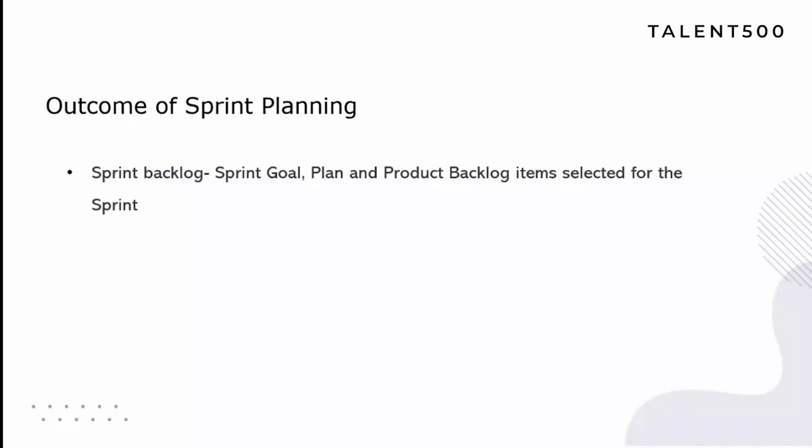So remember that the outcome of this sprint is your sprint backlog, and your sprint backlog consists of the sprint goal, plan, and product backlog items. And your product backlog items can be emerging in nature. It's not necessary that you have all the items that you're going to work on in this sprint throughout the sprint.